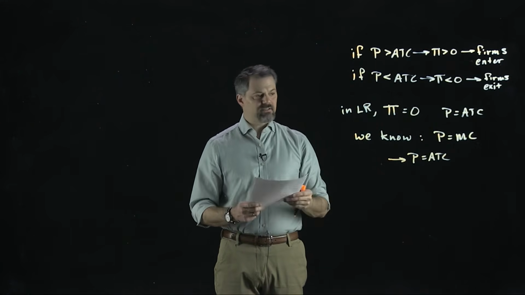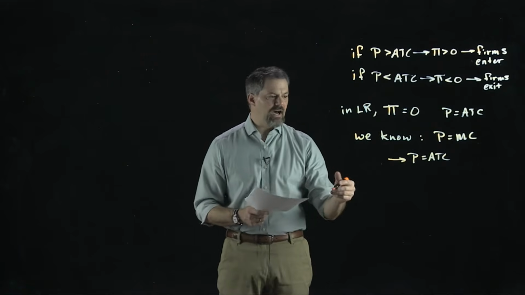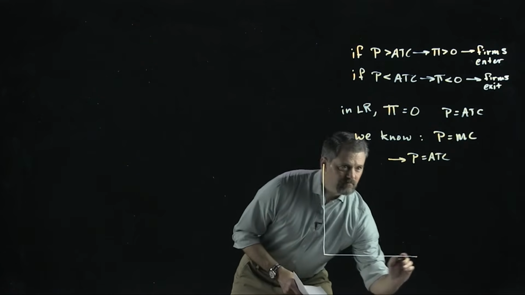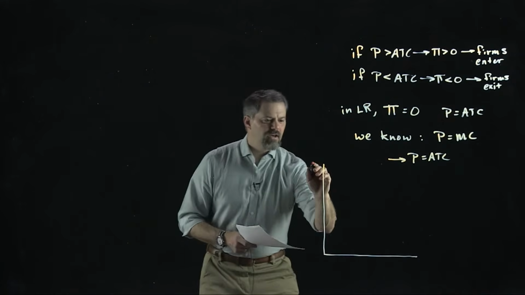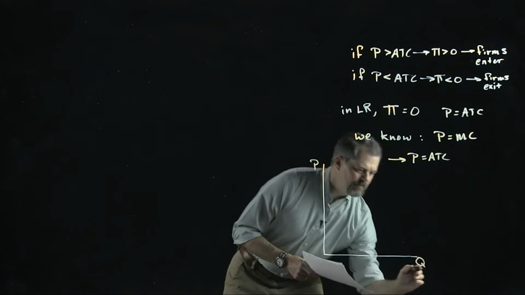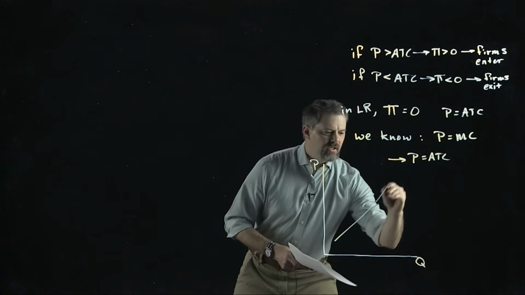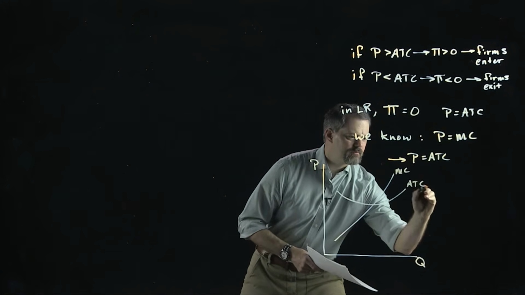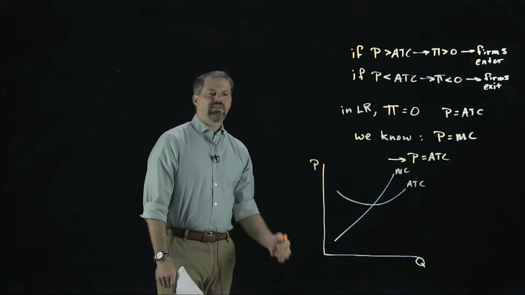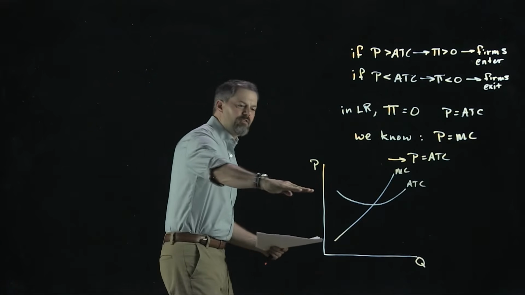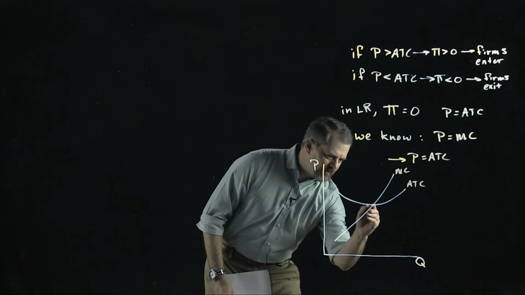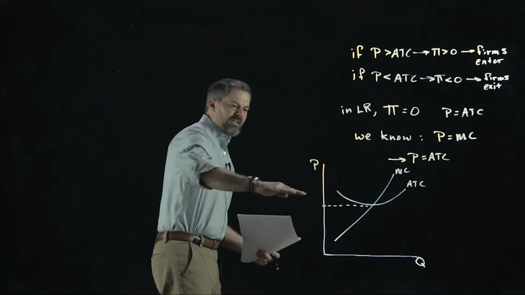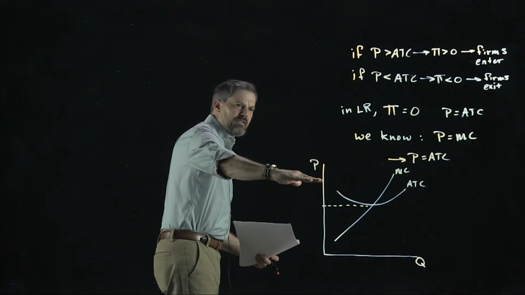So let's draw now the picture that we've got. Let's put our firm picture right here. So we've got the cost curves of the firm. Let's put our marginal cost up here, and let's put our average total cost. We saw earlier that if price is ever up here, profit's going to be positive.